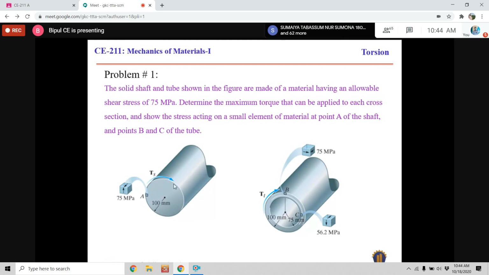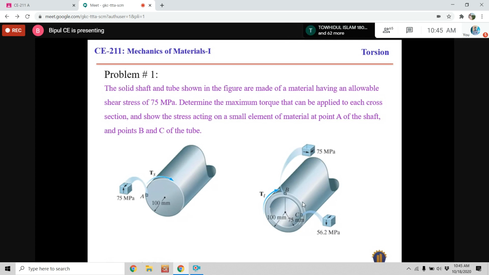Understand? If we apply such a torque to this shaft or to this tube so that the shearing stress at any location exceeds this value, then a crack will be initiated there. That means we will assume that this shaft or this tube has failed.